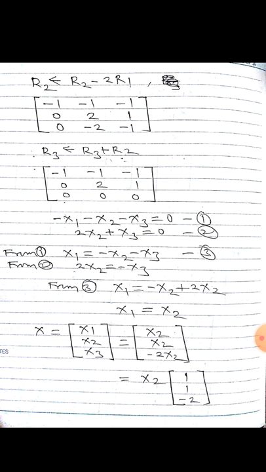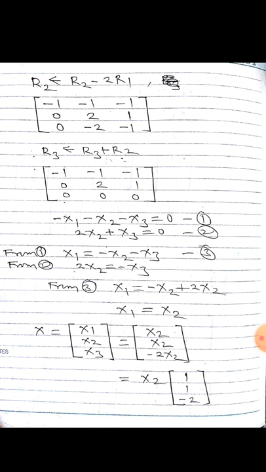So x1 becomes minus x2 plus 2x2 there. So x1 is x2. So x we can write x1, x2, x3. x1 is x2, x2 as it is x2, and x3 is minus 2x2. From 2, x3 we can write minus 2x2.